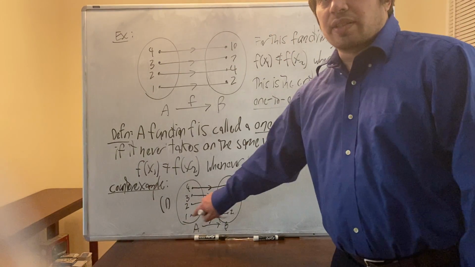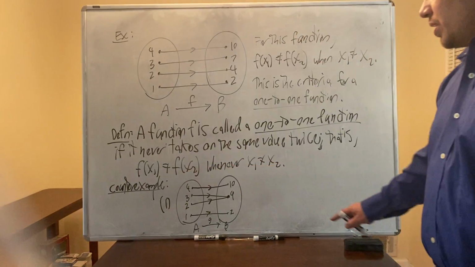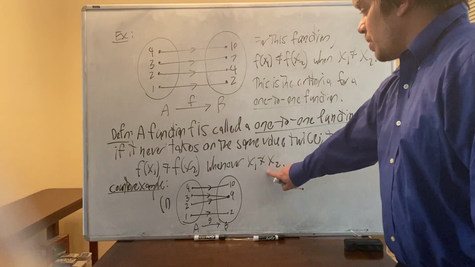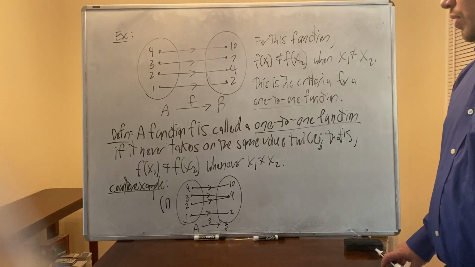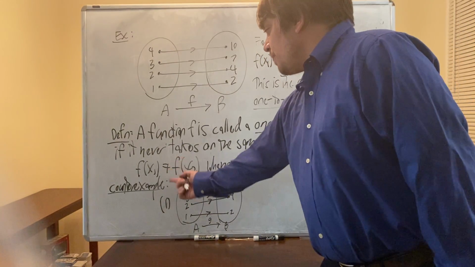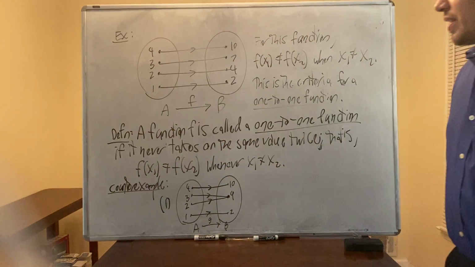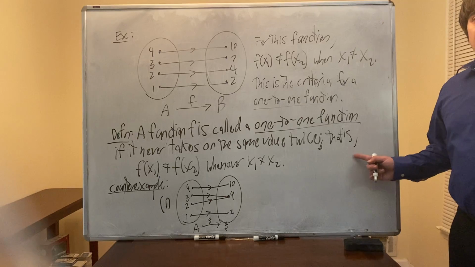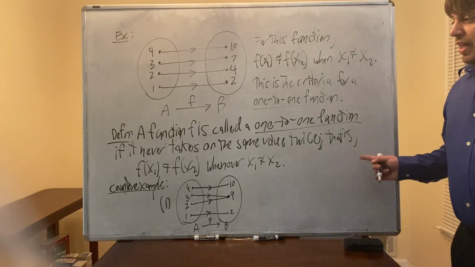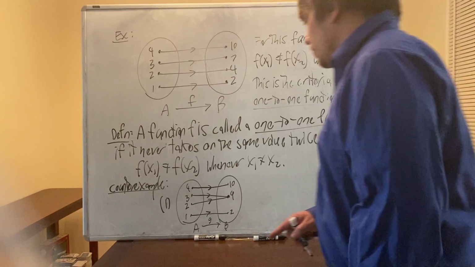It fails to satisfy the condition that whenever x1 is not equal to x2, the images are different, right? Because here, 2 and 3 are different, but f of 2 and f of 3 are equal. That contradicts the definition of a one-to-one function. And so this function g is not one-to-one. So this is a counterexample.